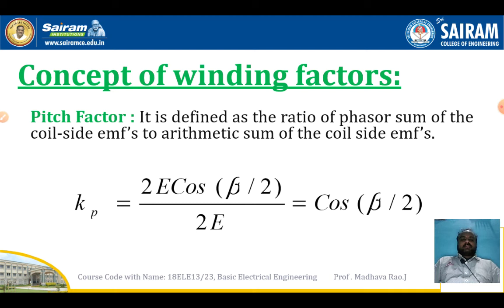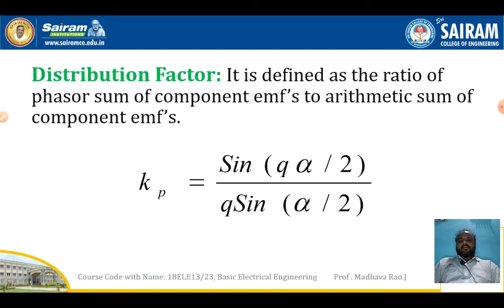The pitch factor is defined as the ratio of the phasor sum of the coil side EMFs to the arithmetic sum of the coil side EMFs. The formula is Kp equals cos of beta by 2. In the syllabus the derivation is excluded, so you only have to remember the formula.